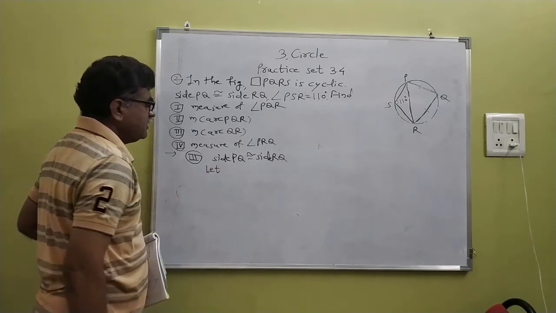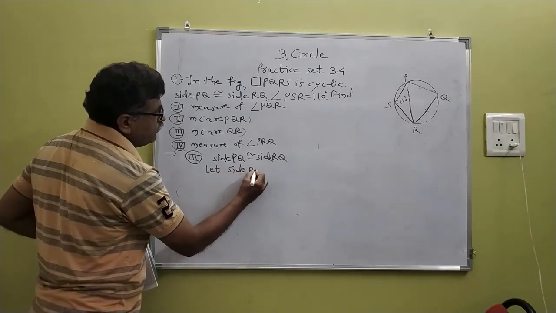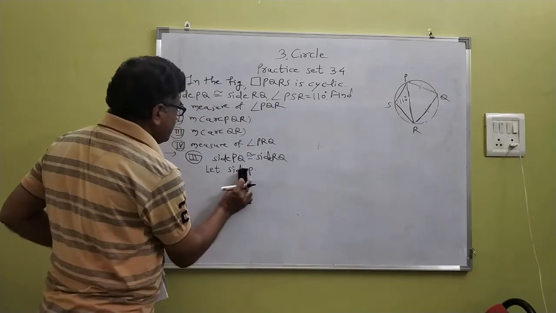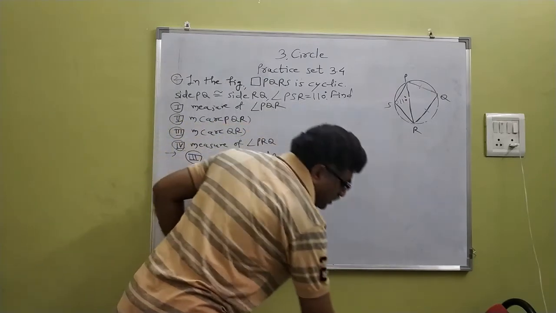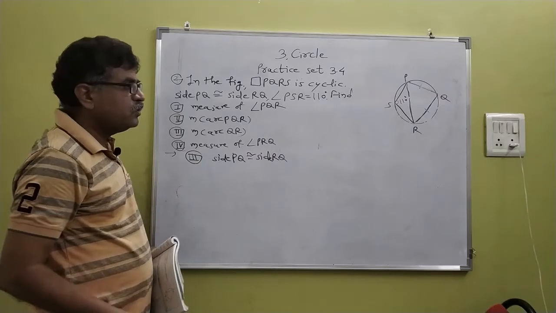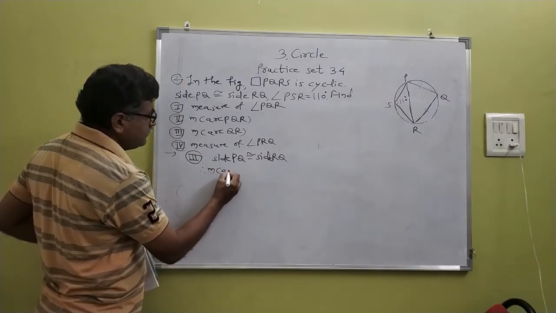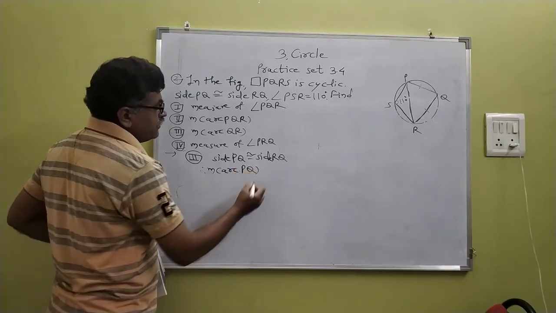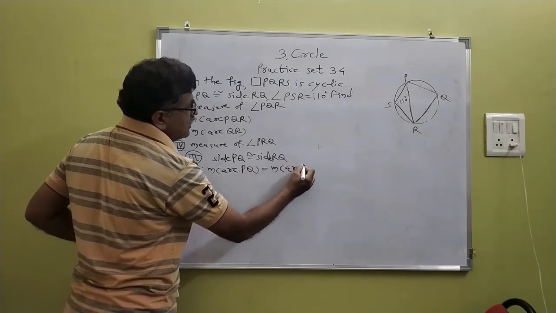First, let us consider side PQ, these two sides. Now we know that if two chords are congruent, their corresponding arcs are also congruent. Therefore, the measure of arc PQ is equal to the measure of arc RQ.